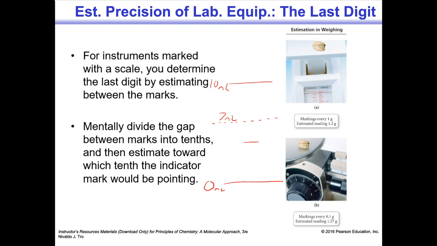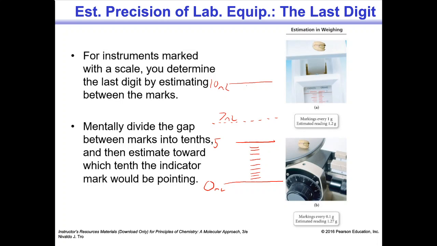But what then if I go in and divide each of these? Now I have 5 ml, and in between each one I'll put 10 little marks. I can't really fit 10 in here.